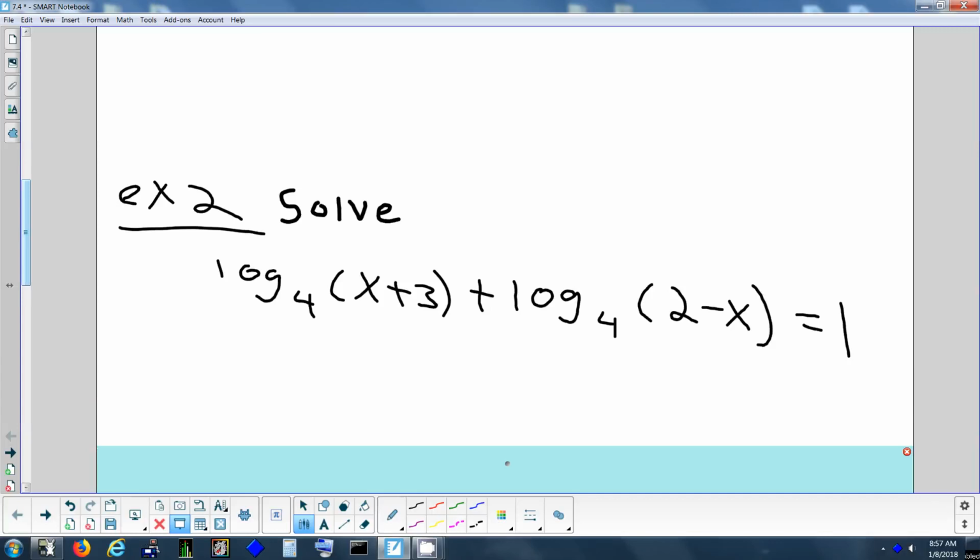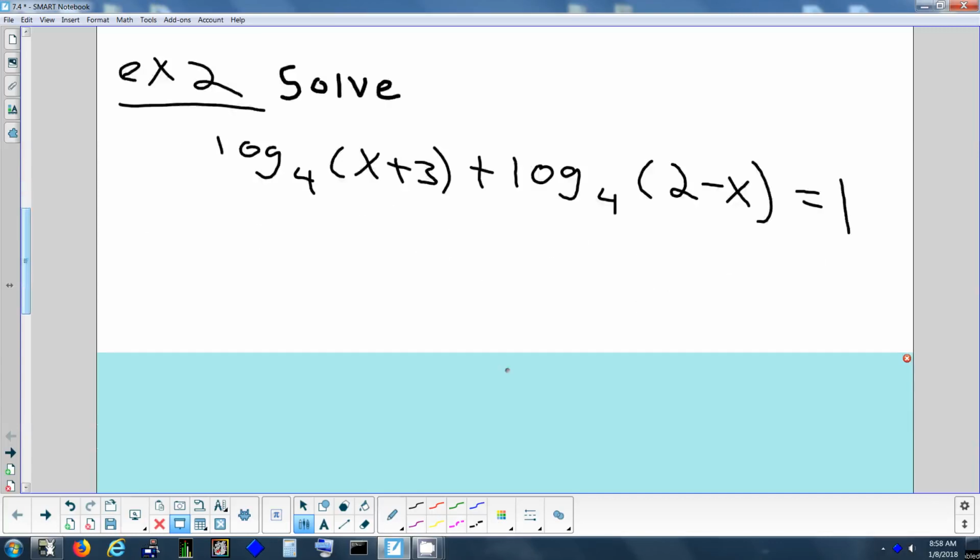No. So there's nothing to put back up as an exponent here, so we can't use that rule. But we have 2 separate logs on the left-hand side, and they have the same base. So what are we allowed to do with 2 logs that are separate and have the same base? We can combine them. Okay, so we're going to recombine them. When you recombine it, what is the base going to be? The same. The base never changes.